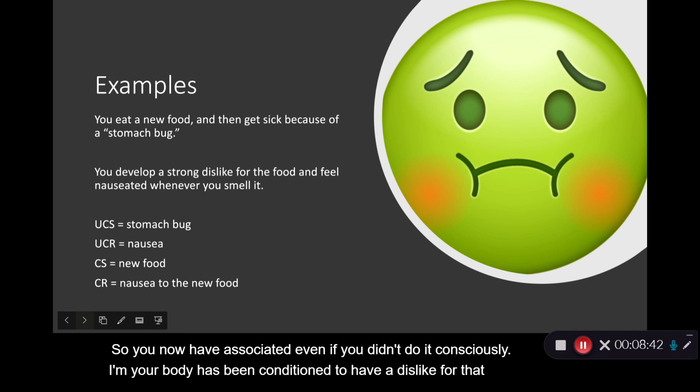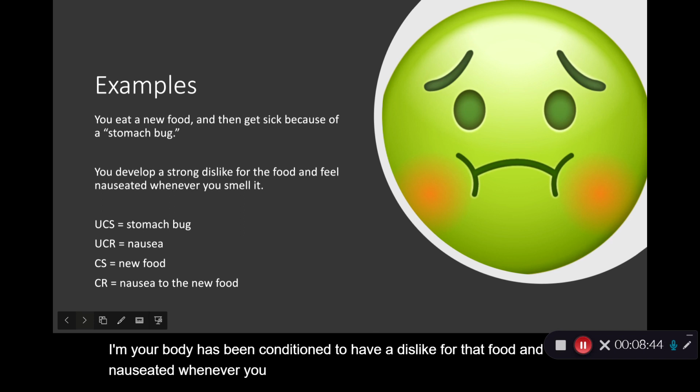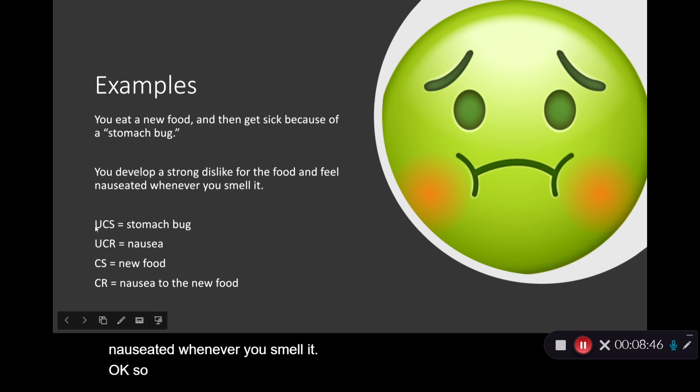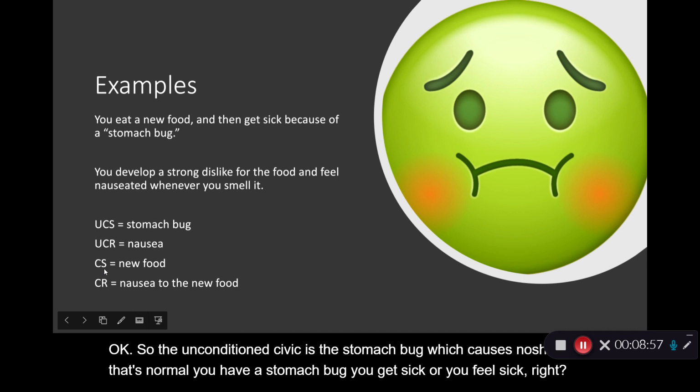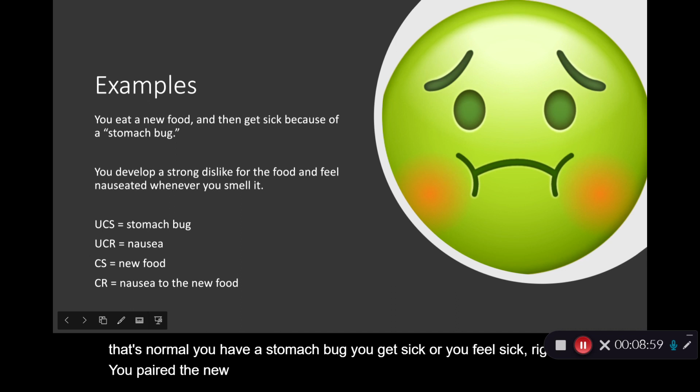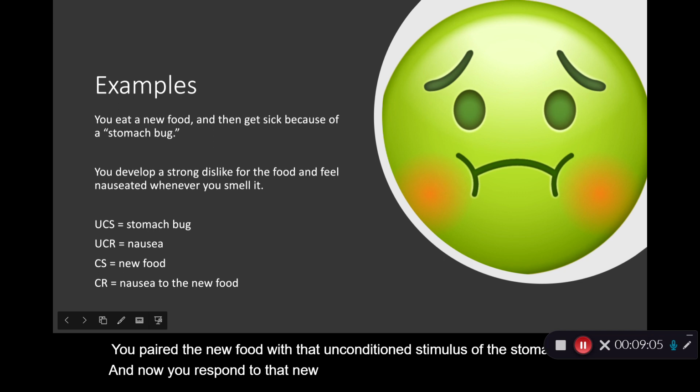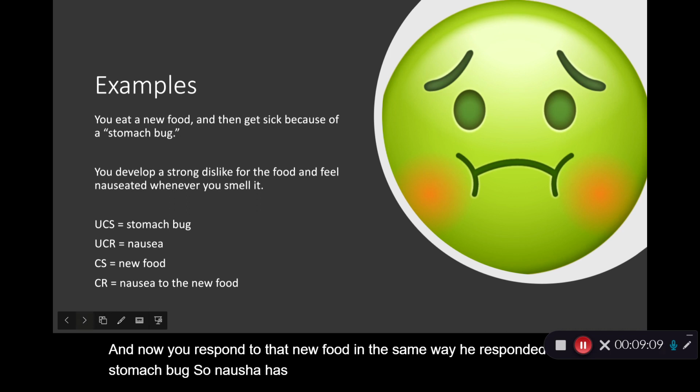The unconditioned stimulus is the stomach bug, which causes nausea. So that's normal. You have a stomach bug, you feel sick, right? You paired a new food with that unconditioned stimulus of the stomach bug, and now you respond to that new food in the same way you responded to the stomach bug. So nausea has now been conditioned to that new food.